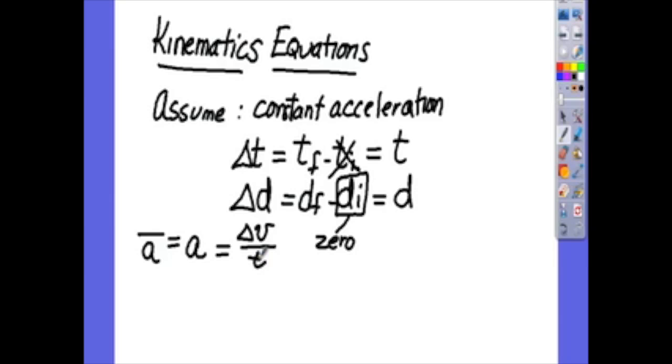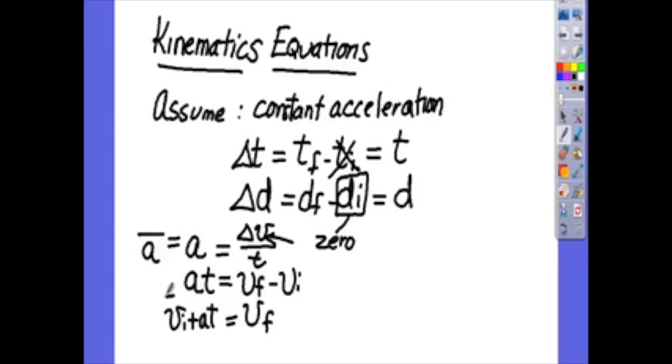Now, with this acceleration being the same every instant, I can multiply both sides by t, and I can also understand that delta v is v final minus v initial. Adding v initial to both sides is going to give me the final form of the first motion equation, that v final is equal to the initial velocity plus the acceleration times the time. And that is the first motion equation for constant acceleration.